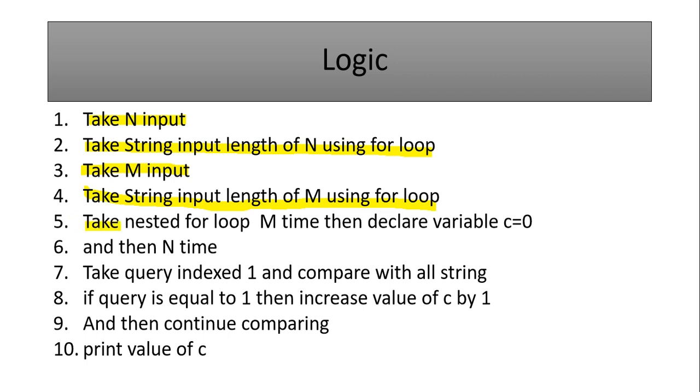And after that we will take a nested loop for m, and then we will declare variable c, and after that we will take a for loop again for the query, take query index 1 and compare it with all strings. If the query is equal, then increase the value of c by 1. Otherwise we will have to print 0, and at last we will have to print the value of c.